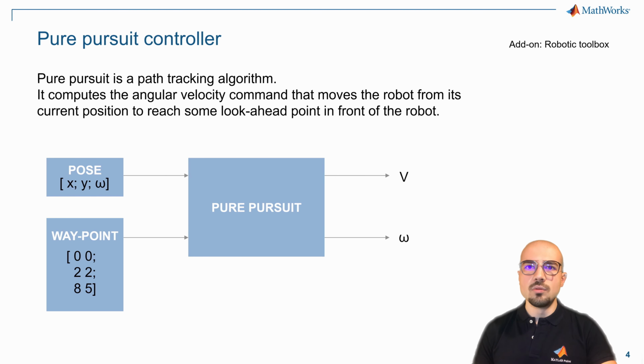It means that the robot is in a particular position known by the pose information, so x, y and omega, and wants to move to a new position decided by the path that is defined by the waypoints. The pursuit control will generate the control action of v, the linear velocity, and omega, the angular velocity. But how does this controller work?